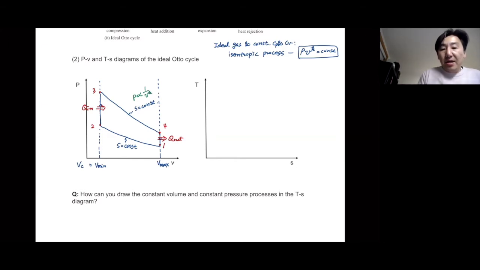Now, Vmax is the same as V1, same as V4, and Vmin is the same as V2, same as V3. That is how we see the volume relations. At the same time, I already explained that this whole ideal Otto cycle is based on a closed system perspective.